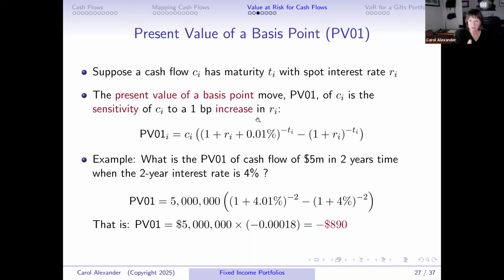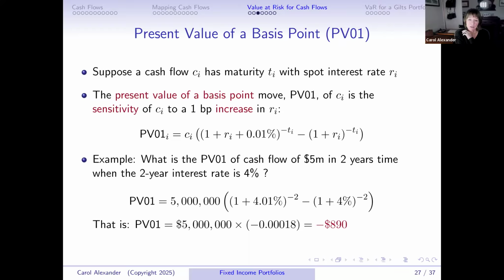So if we took it into two parts, you'd be dividing Ci by (1 + Ri + 1 basis point) to the power Ti. And then from that, you take the original present value, which is Ci divided by (1 + Ri), without the additional basis point, to the power Ti.